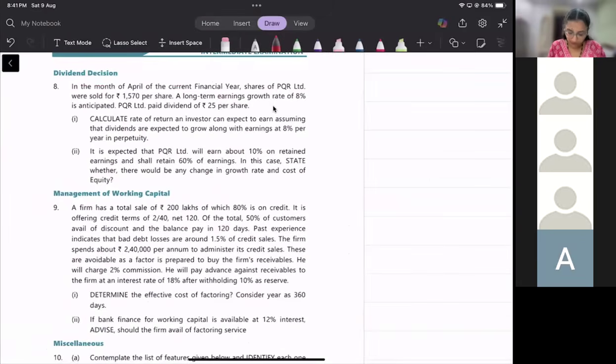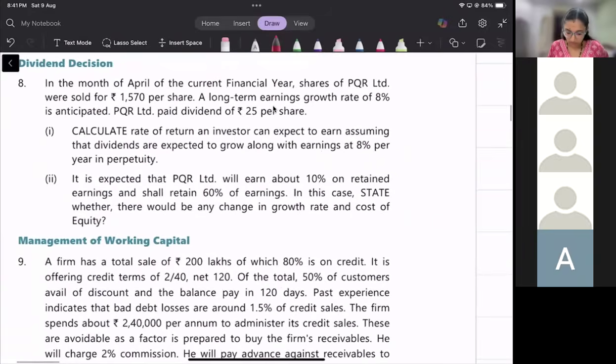Yes. So, shall we move to the next question? In the month of April of current financial year, shares of PQR Limited were sold for 1570 per share. A long-term earnings growth rate of 8%. Already growth rate is given.